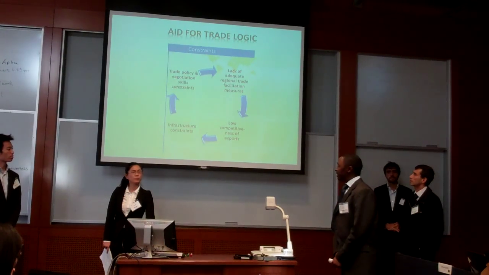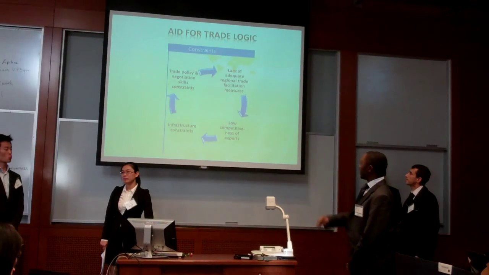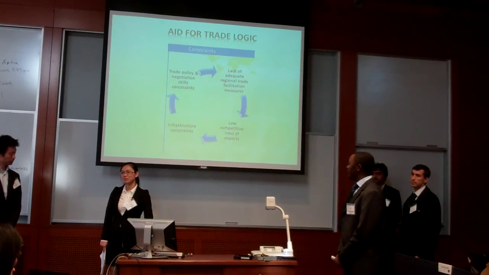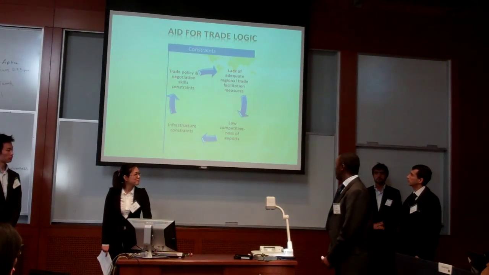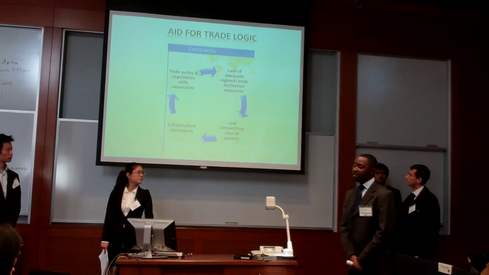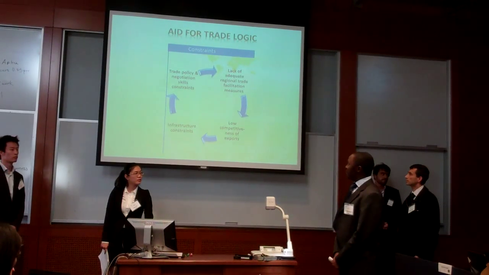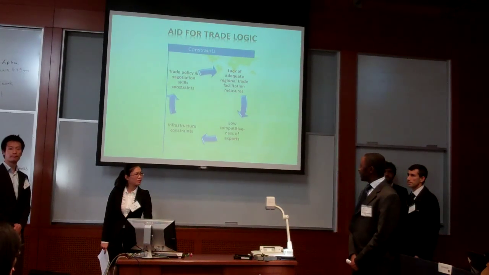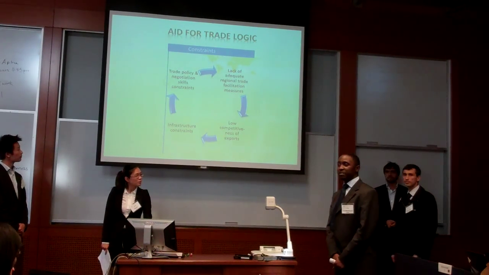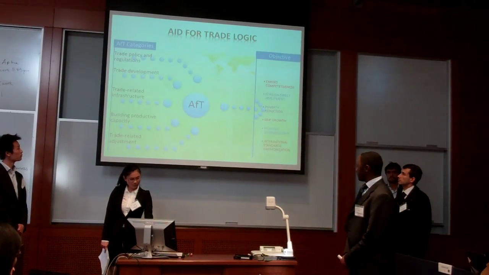But African countries are facing a lot of constraints in different areas like trade negotiations and infrastructure constraints. They have low competitiveness of their exports and lack of regional trade facilitation. To ensure that these constraints are taken away, the developed countries introduced Aid for Trade to focus their aid on these areas.